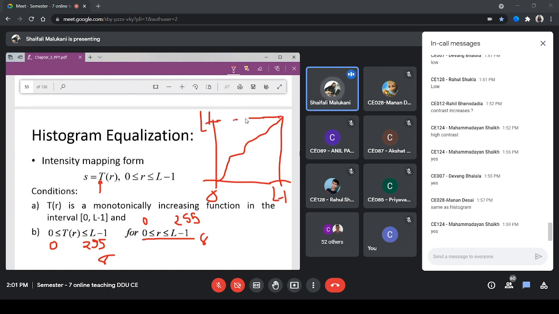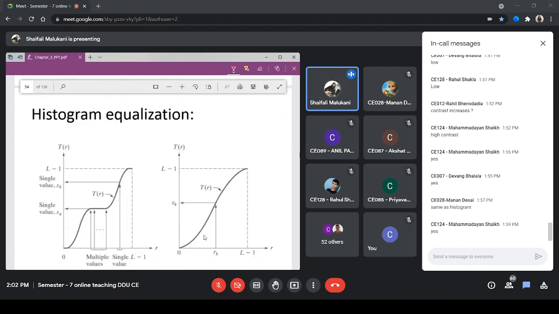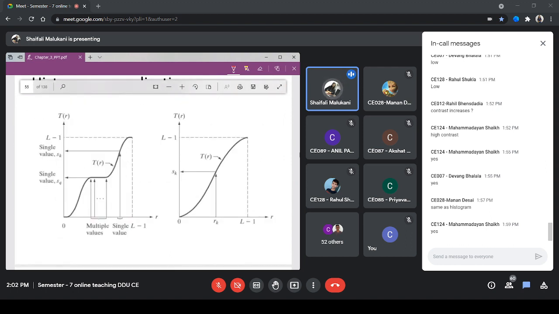This is our requirement. This is also an increasing function. Both of them are valid. Any other shape which is randomly increasing is also valid.